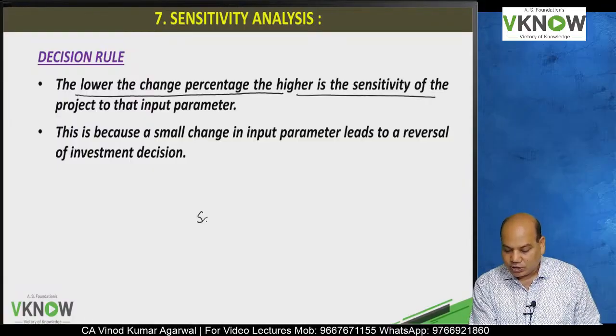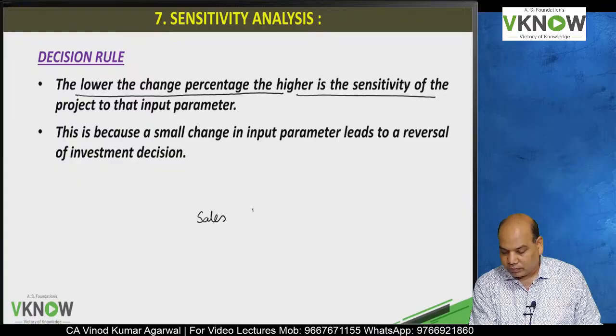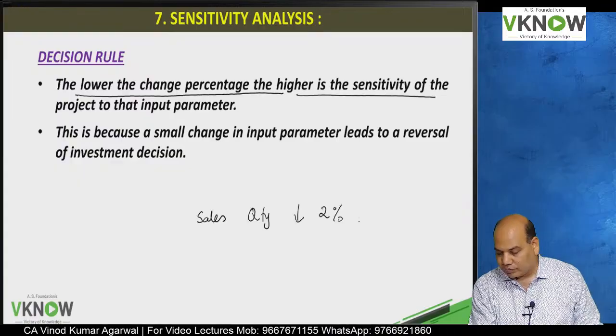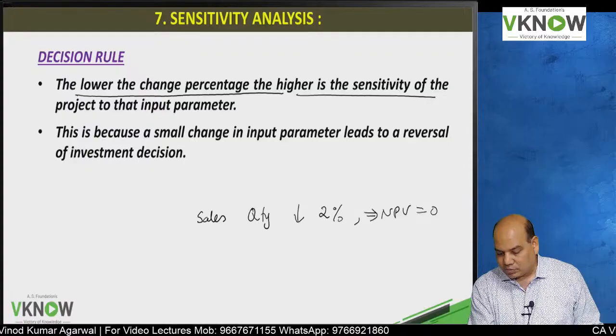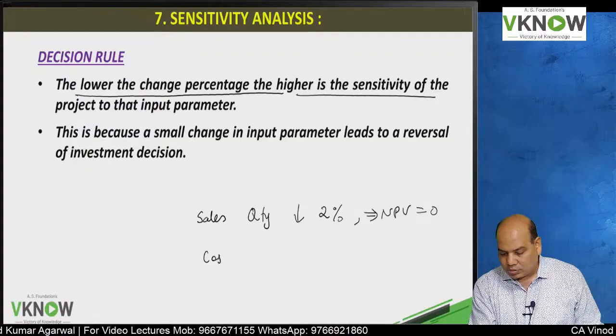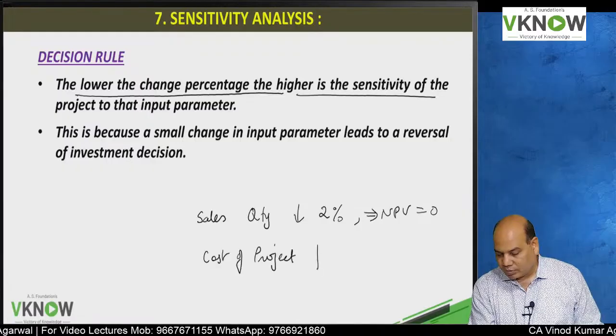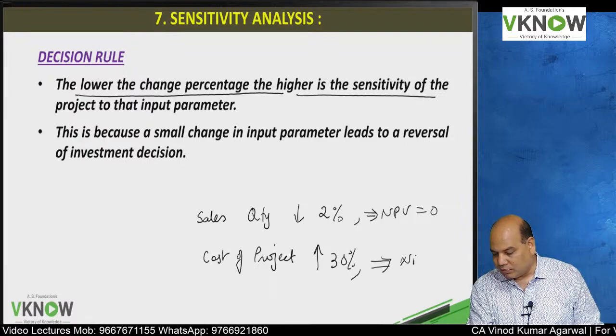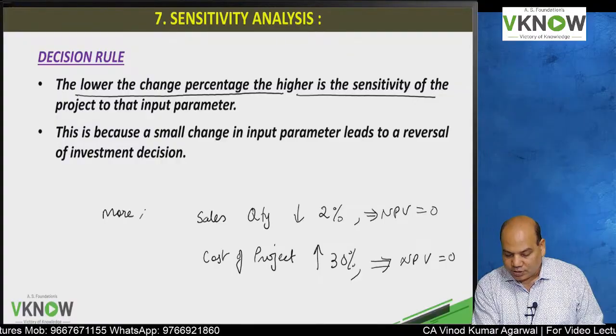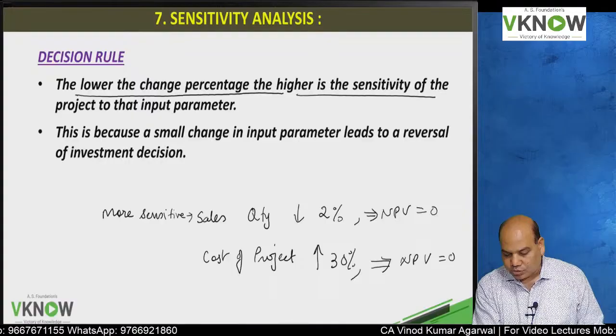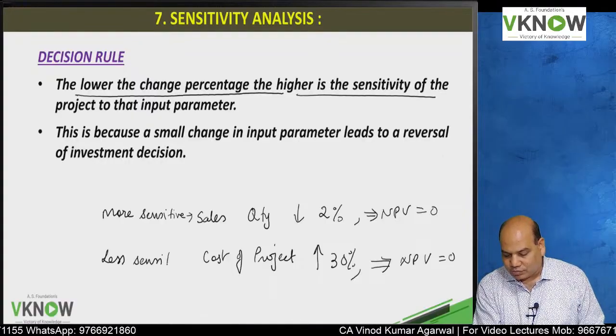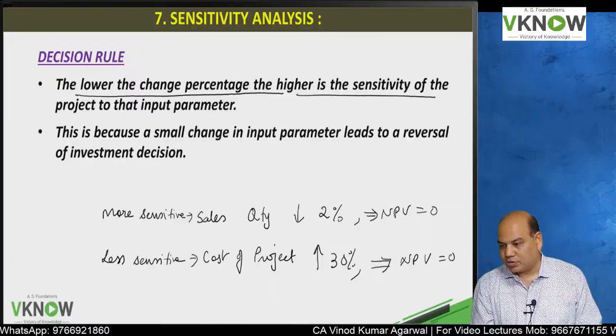Suppose sales quantity, if it falls by 2%, will make NPV 0, and if cost of project increases by 30%, then NPV will be 0. Project is more sensitive to sales quantity and less sensitive to cost of the project.